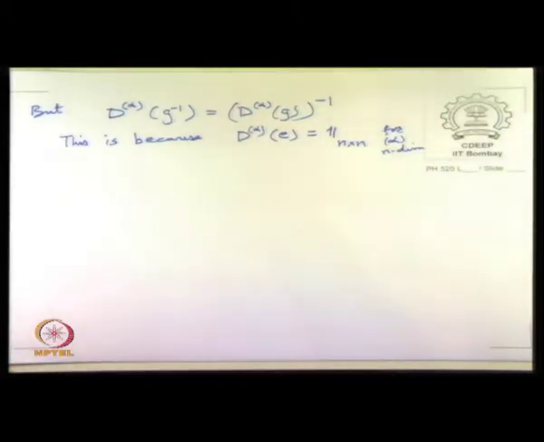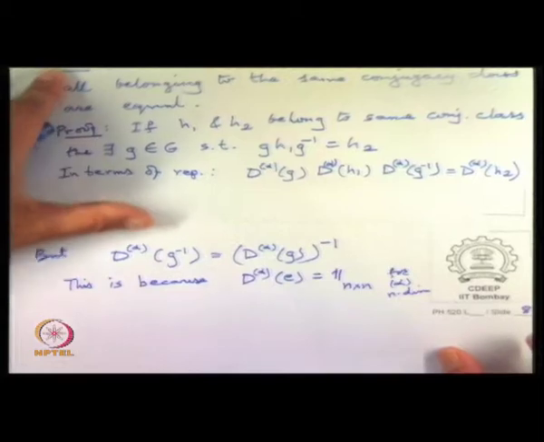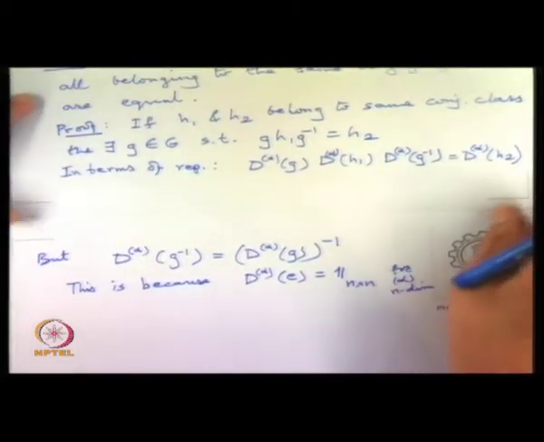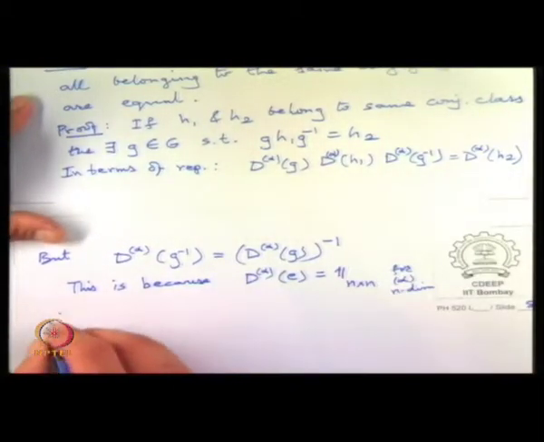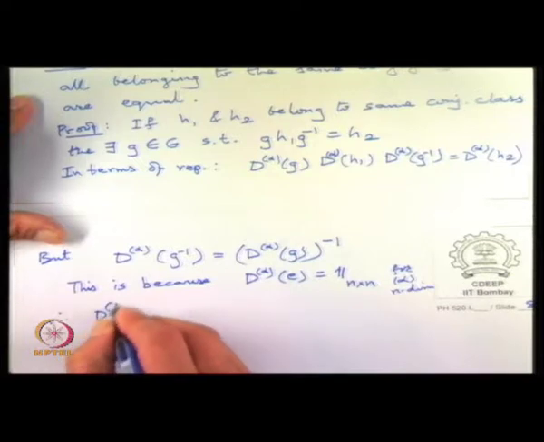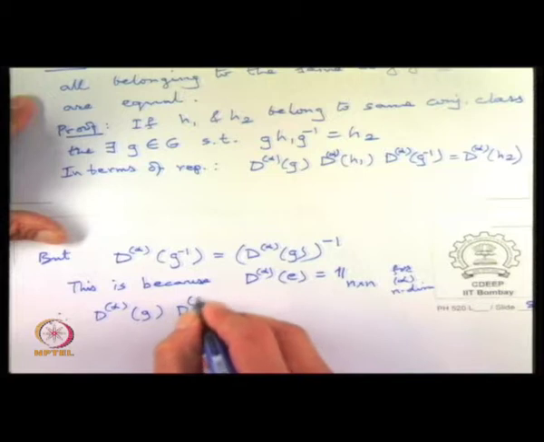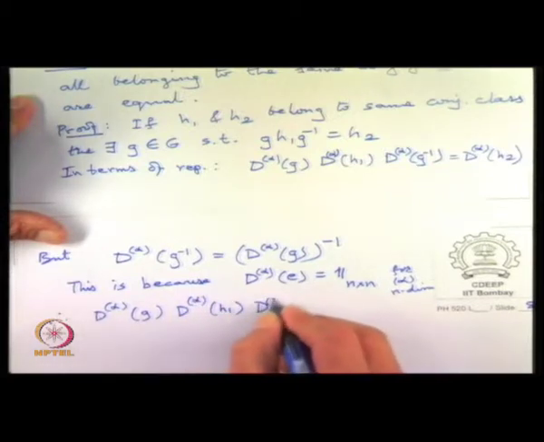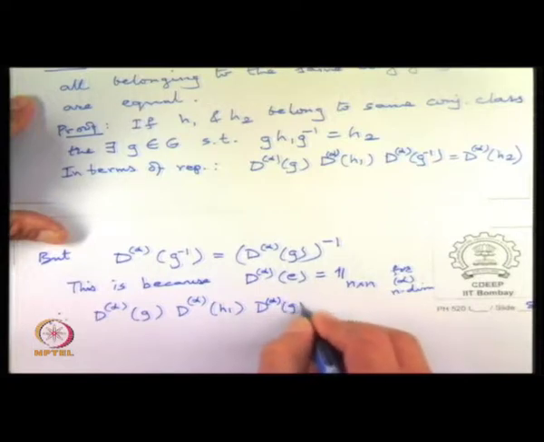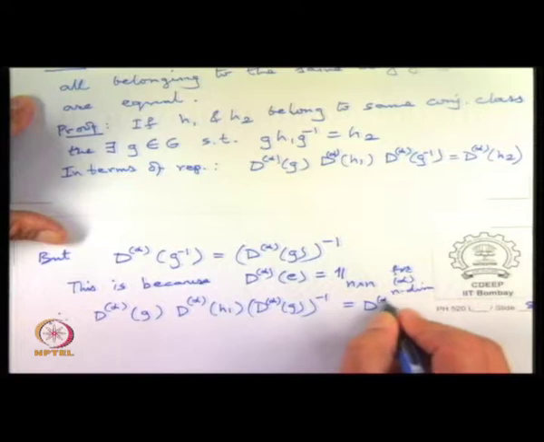Okay. Therefore, coming back to this, now we take the trace of both sides. So D alpha G, D alpha H1 and D alpha G inverse matrix is equal to D alpha of H2.